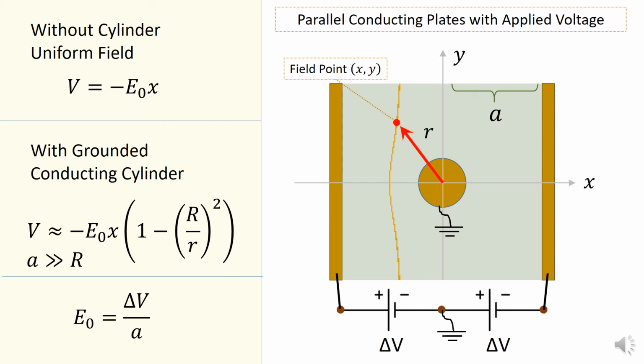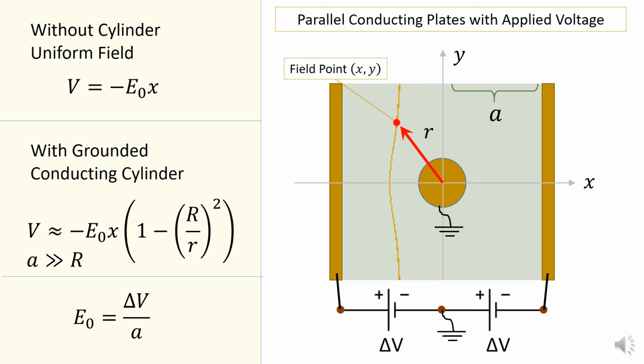And with the circuit shown with two voltage sources with the center point grounded, that would give me positive delta V on the left, negative delta V on the right, a total of 2 delta V across the plates divided by 2A, with A shown as from origin to one plate. In other words, I get delta V over A as the uniform electric field.